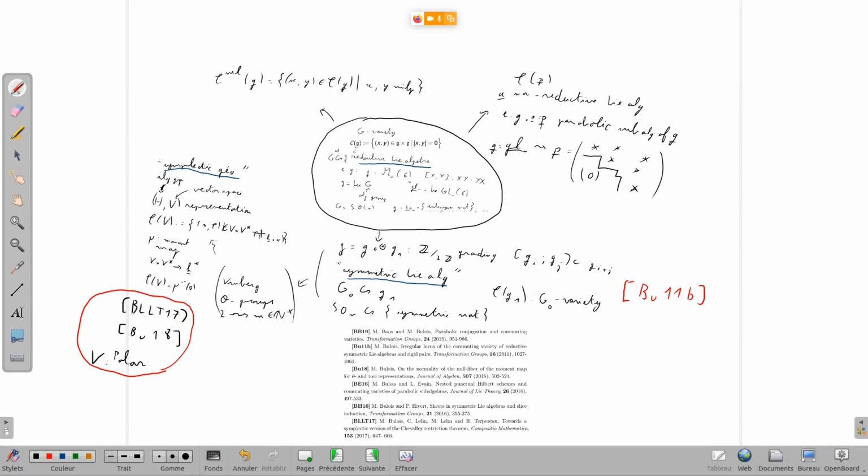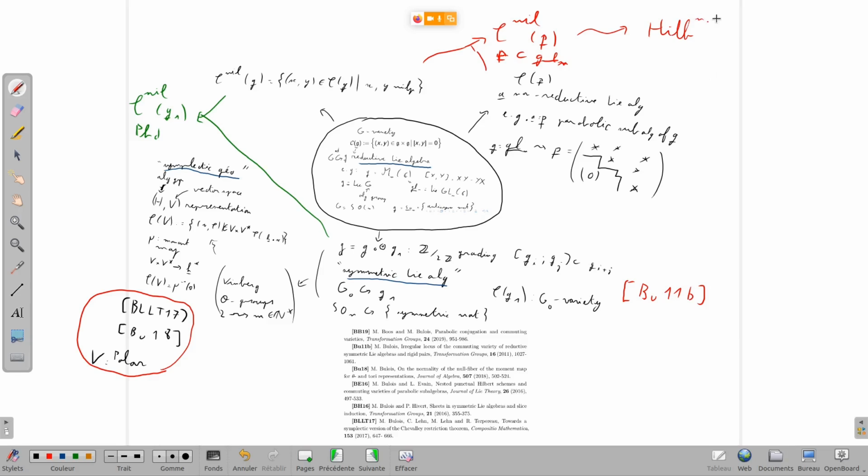Also, during my PhD, I looked at the nilpotent commuting variety of a symmetric algebra. One other important thing here is the nilpotent commuting variety of a given parabolic in type A, so in JLN. And this was related to the Hilbert scheme, which I will introduce later. So nested Hilbert scheme, let's say.